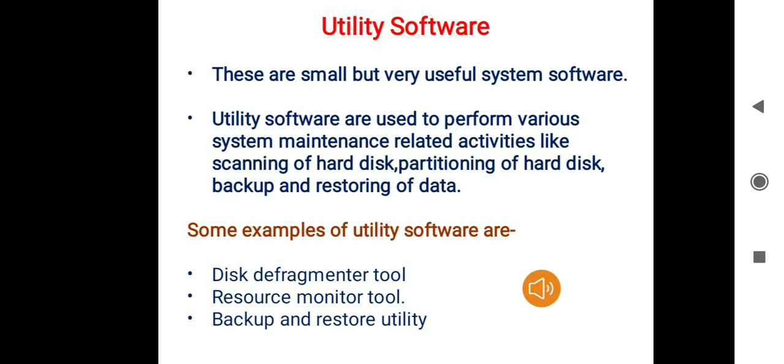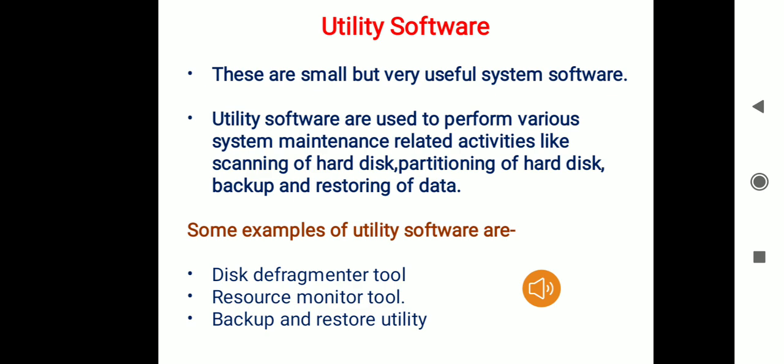The next type of system software is the utility software. These are small but very useful softwares. Small in the sense that they usually do not occupy much memory space once they are installed in your system. These utility softwares are basically used for performing various system maintenance tasks, such as scanning the hard disk to fix bugs or errors in it.